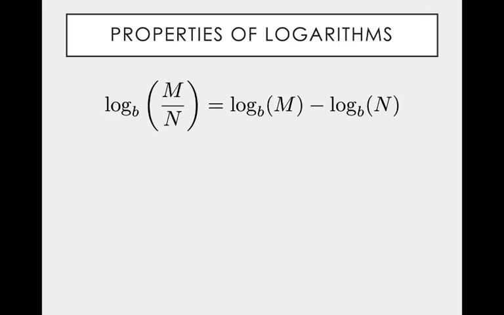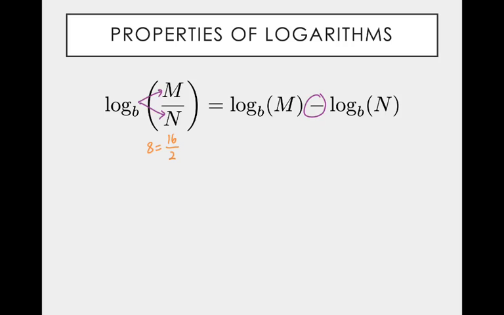Our second property is this one, that we can distribute logarithms over division, but when we do, we need subtraction in the middle. Okay, so again, I'm going to think of 8 as being 16 divided by 2.